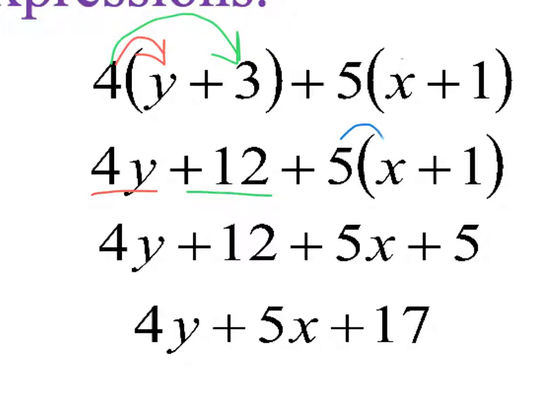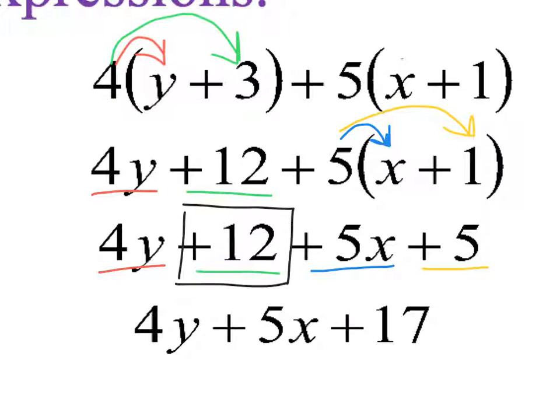Now we come over here and see that we still have parentheses, so we're going to distribute the 5 to the x and the 5 to the positive 1, which will give us 5x and 5. Over here we have our 4y still, and we just bring that down. Right here we have a positive 12 and a positive 5, which are both constants.